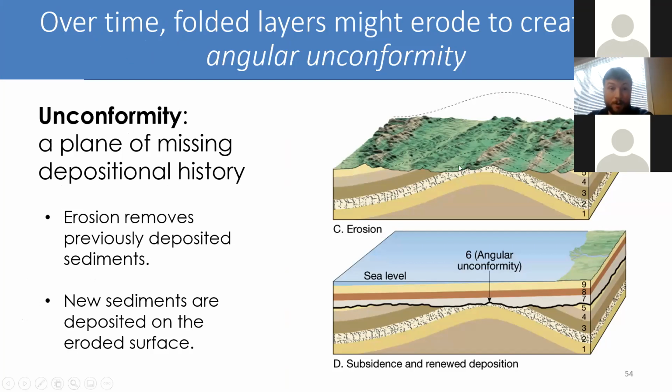Okay, so we talked about how things deposit in horizontal positions and in continuous lateral horizontal positions. Whenever we find stuff that isn't horizontal and doesn't have straight lines, we can assume some change happens to that formation.